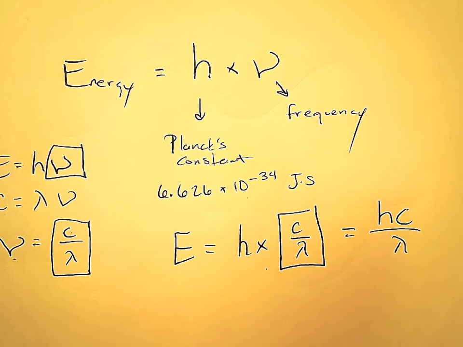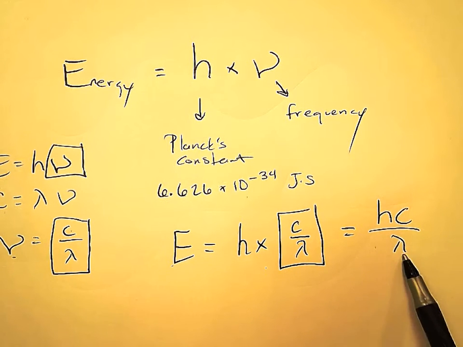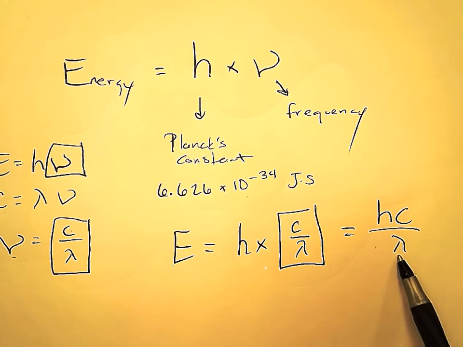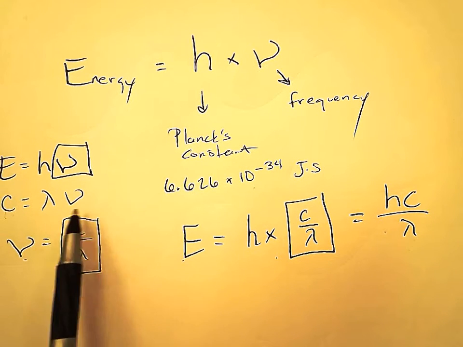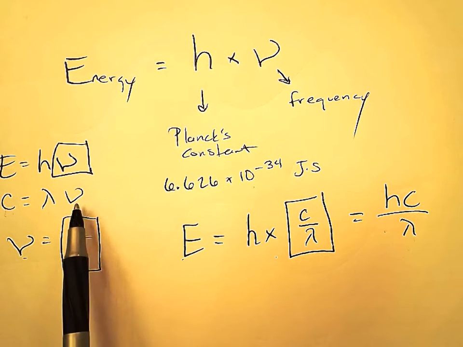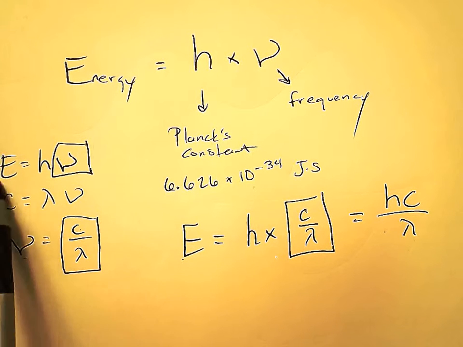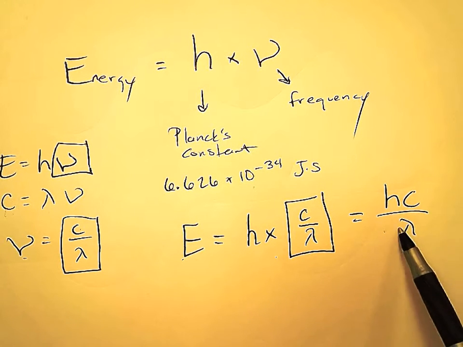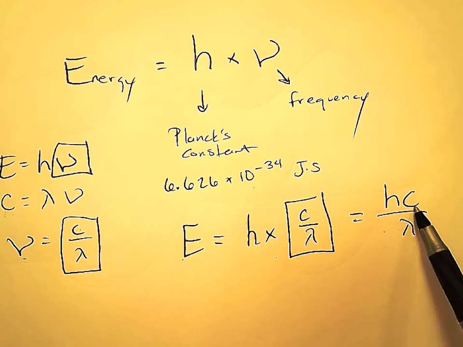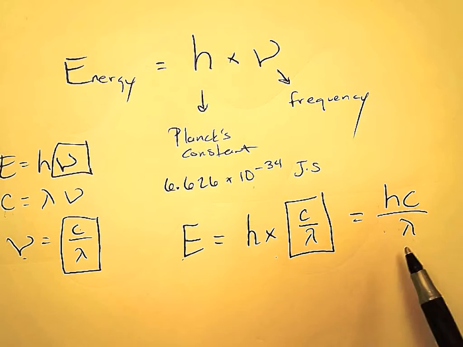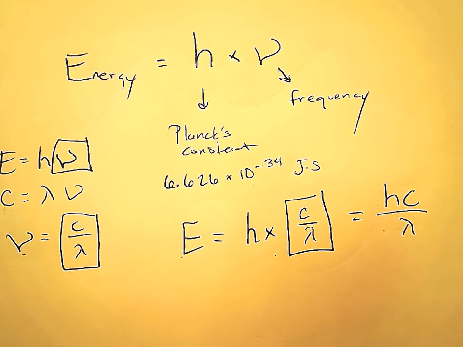Energy equals this. So if a problem gives you wavelength, don't waste your time plugging the wavelength in here to get the frequency, and then plugging your frequency into here to get your energy. How about you just take your wavelength and plug it directly into this and get your energy in one step? Do Planck's constant times speed of light and then divide by wavelength. Makes life easier.